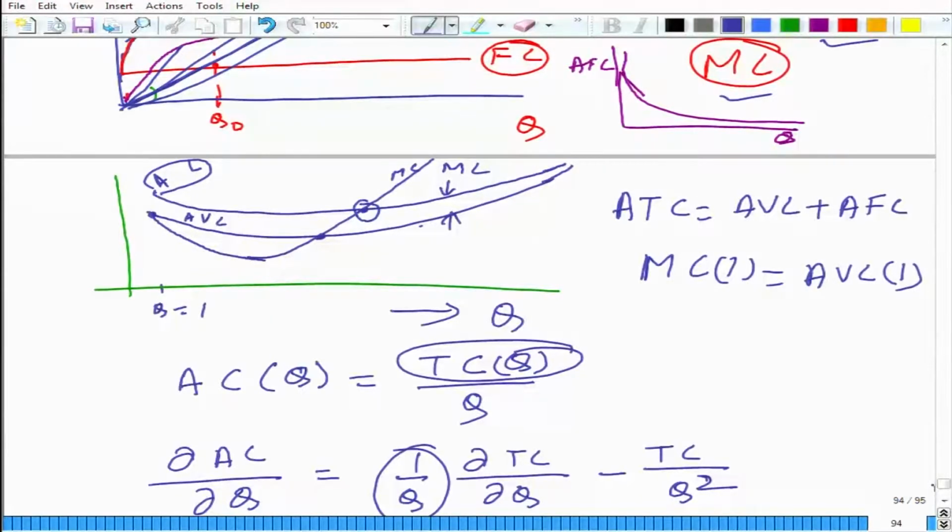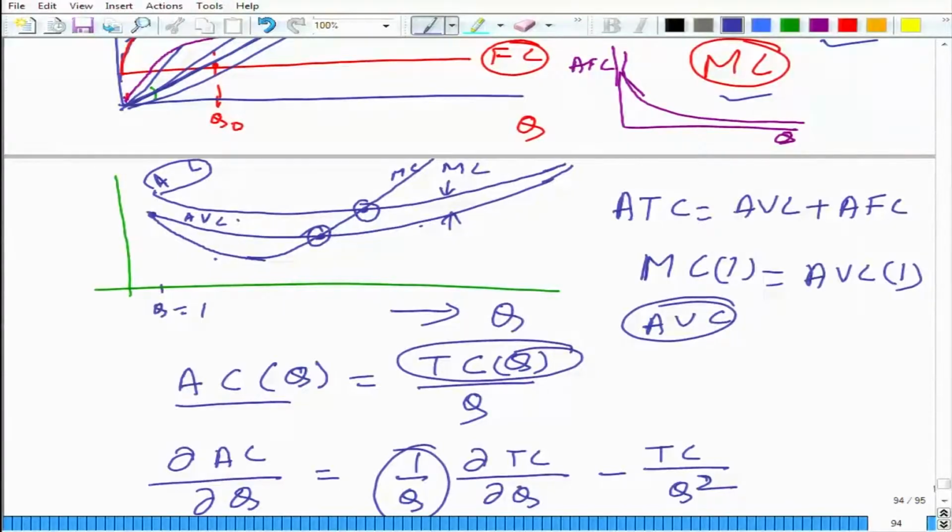Similarly, you can differentiate average variable cost and you will get the same relation. Here marginal cost is below average variable cost, so average variable cost is decreasing. Beyond this point the marginal cost curve is above average variable cost, so average variable cost is increasing, and at this point it is minimized.